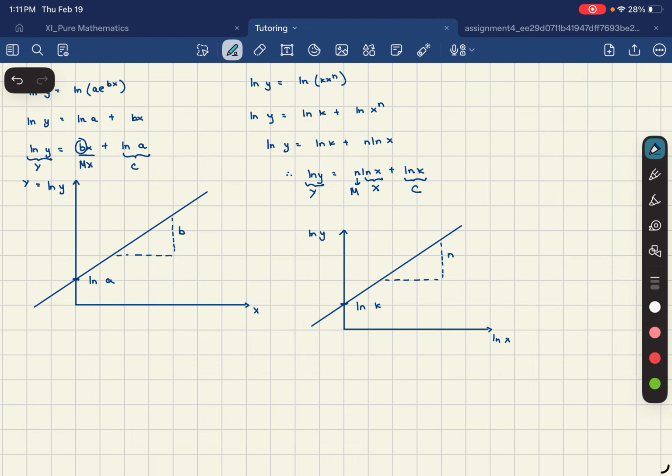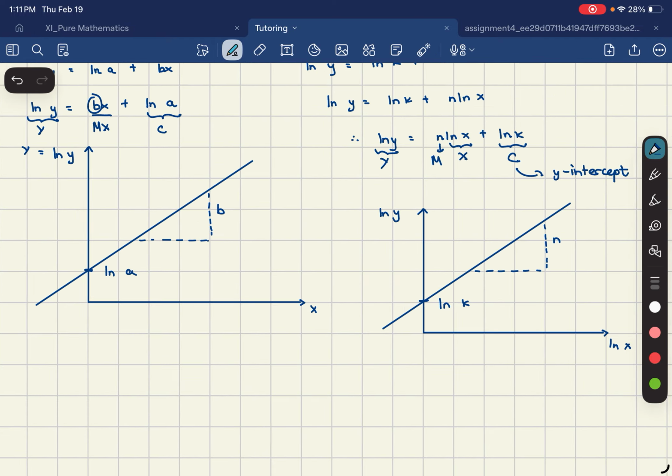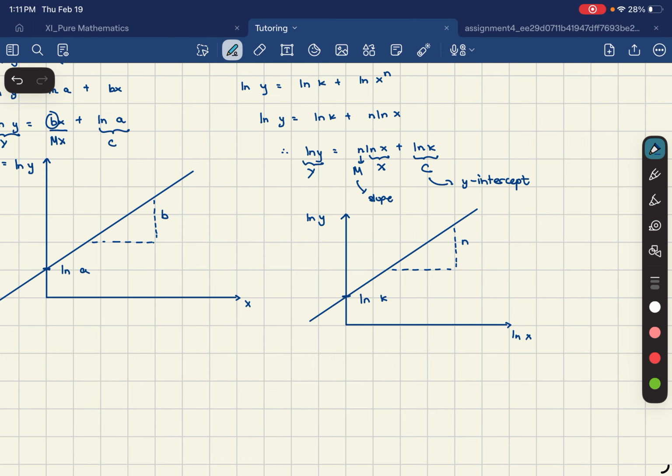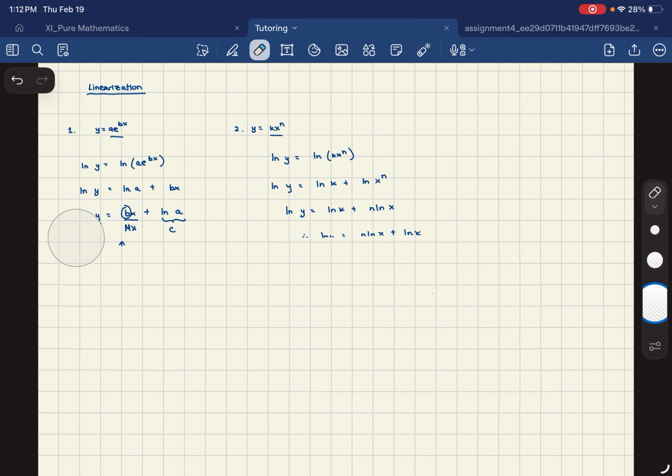C is your y-intercept, and m or n is going to be your slope, or your gradient, or your rise over run. So this is the idea behind linearization. So let's move on to solve some questions.